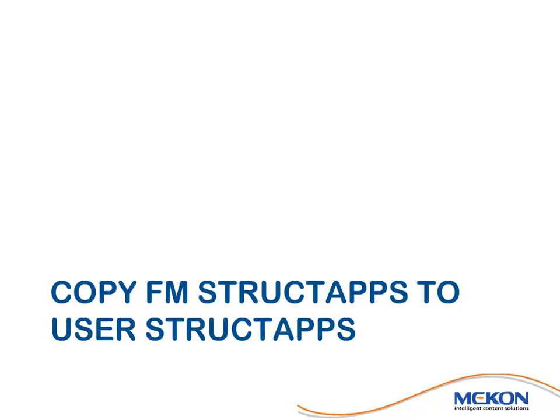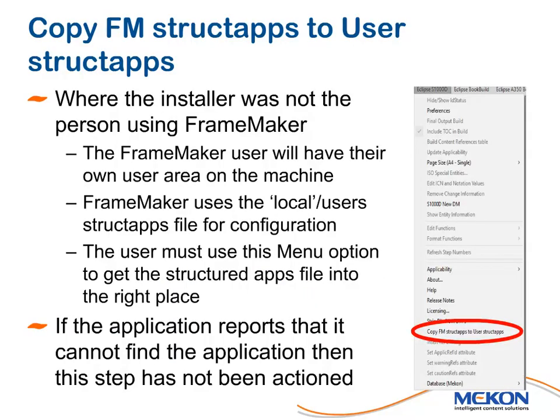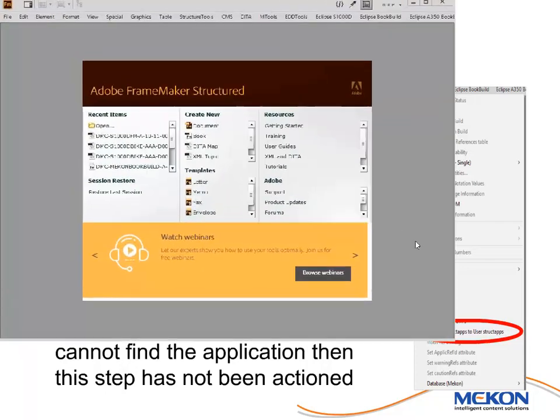Where the end user of this application is not the person who installed it, then this next step may well be necessary: copying the FrameMaker structured apps file to the user structured apps area.